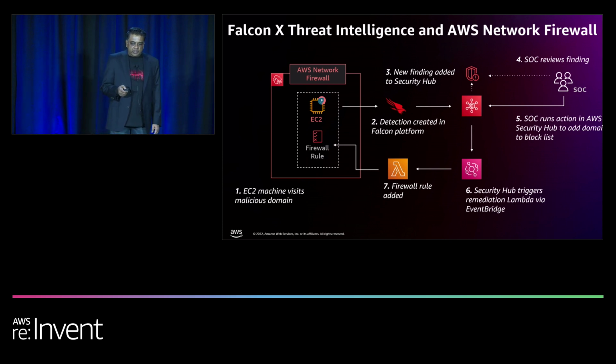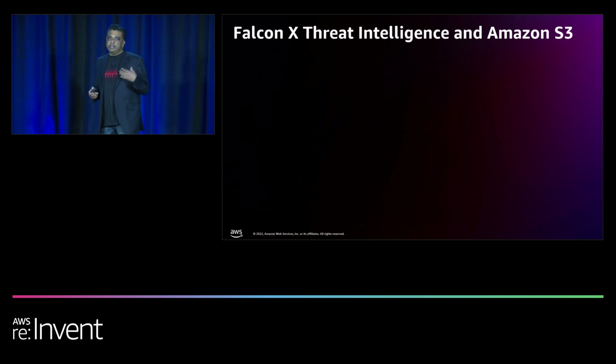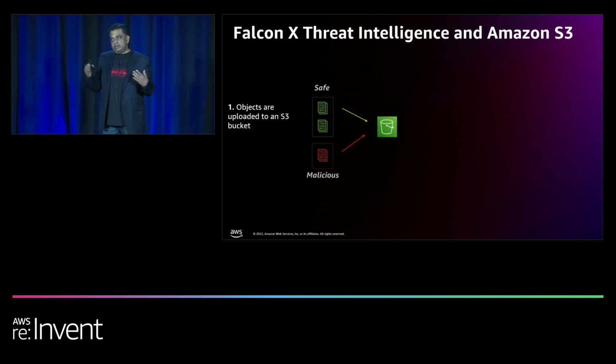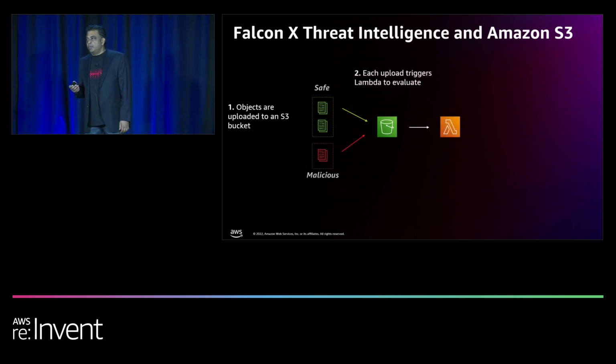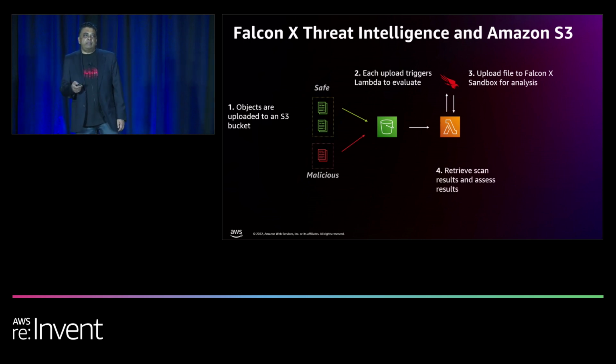The next integration we are looking at is, again, the threat intelligence with the S3 object store. Here we are looking at a process where you store hundreds and hundreds of thousands or even millions of objects in your S3 infrastructure. As you store them, we would have a Lambda function that integrates with our threat intelligence, finds any file hash-based threats, and also we would detonate that object within a sandbox environment.